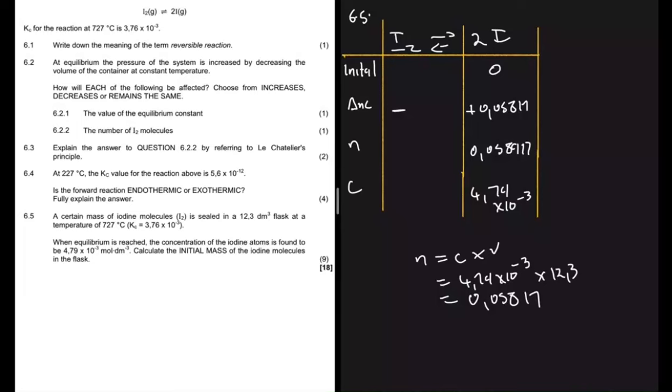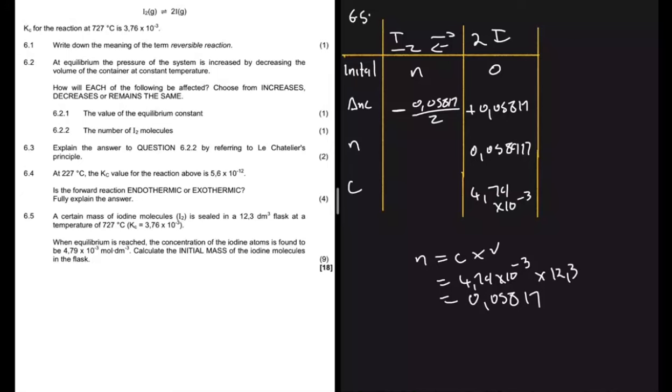Initially, we don't know the mass of the iodine molecules, so we cannot calculate the number of moles. But what we can do is just put n instead, and we're going to solve it when we go forward. So here we're going to have minus 0.058917 divided by 2. What is this 2 here for? This is because for I, we have a balancing coefficient of 2, and then for I2, we have a balancing coefficient of 1.